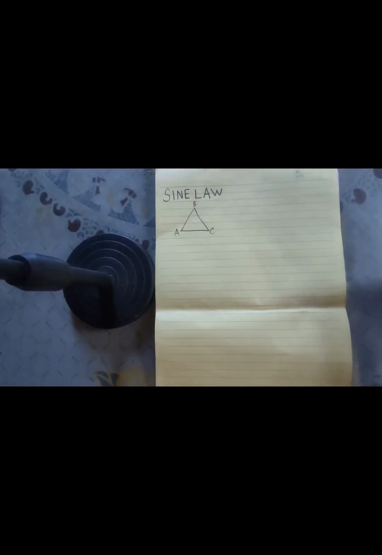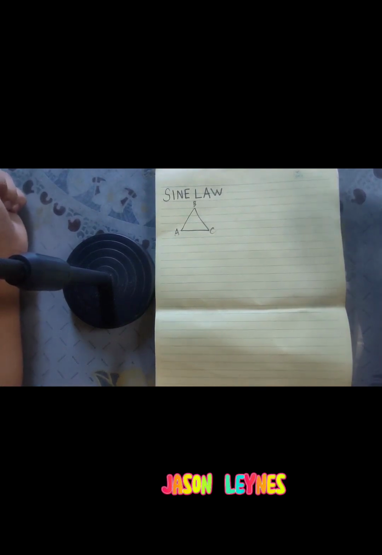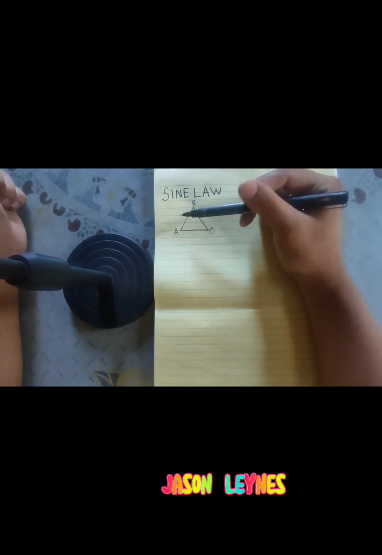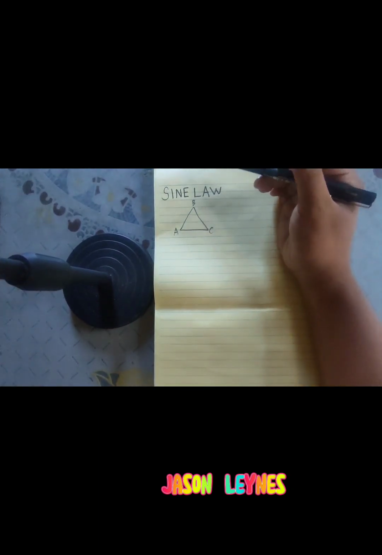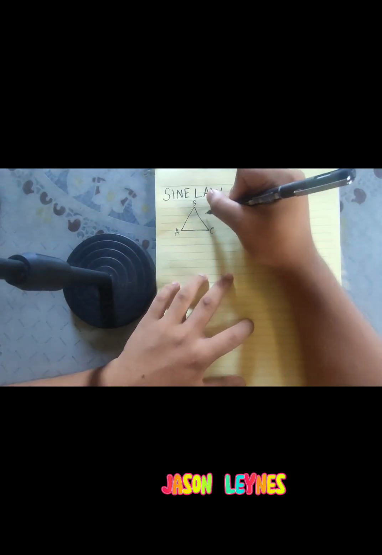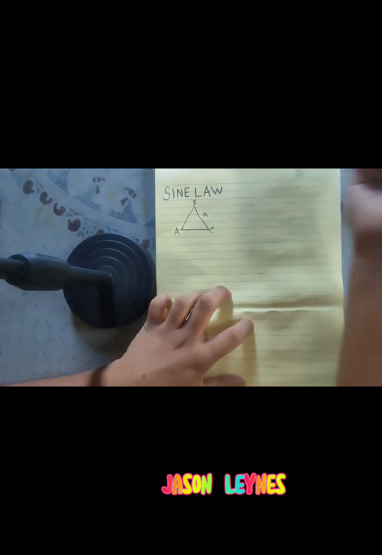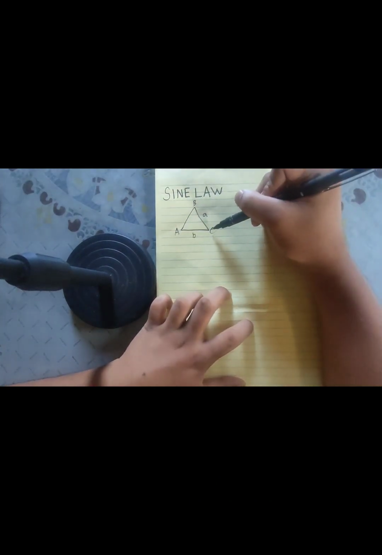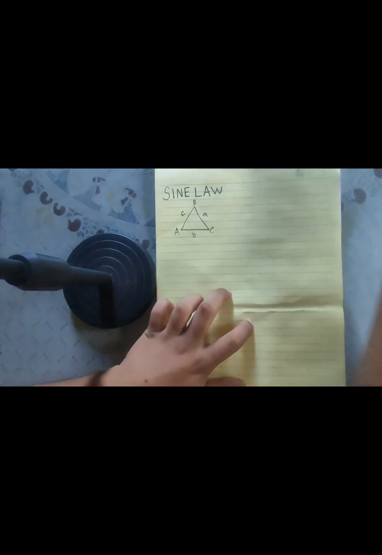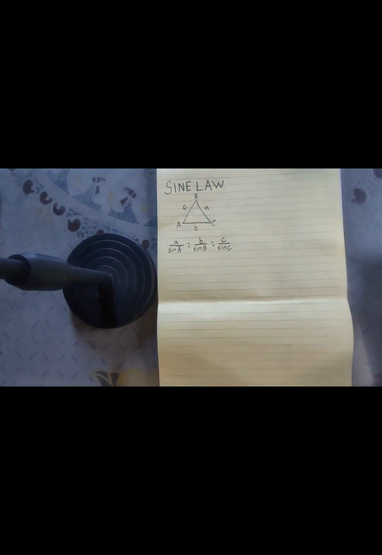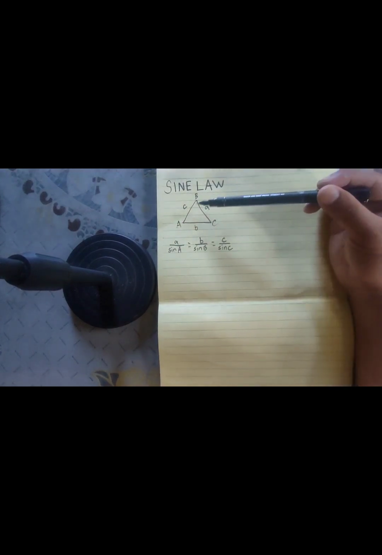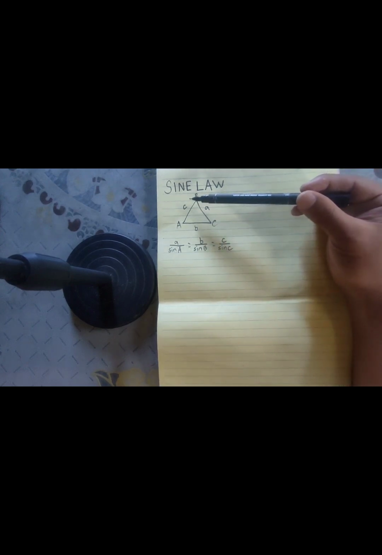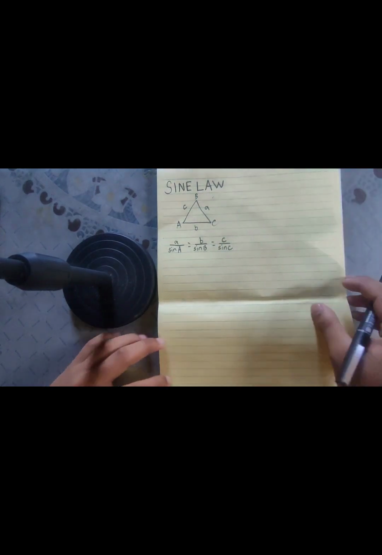For this lesson, we're gonna talk about the law of sines. So let's go over the formula. So we have here a triangle with the angles A, B, and C. Across the angle A we have side A, and across B we have side B, and across C we have side C. So here in the law of sines, the capitalized letter is representing an angle and the small letter is representing sides.